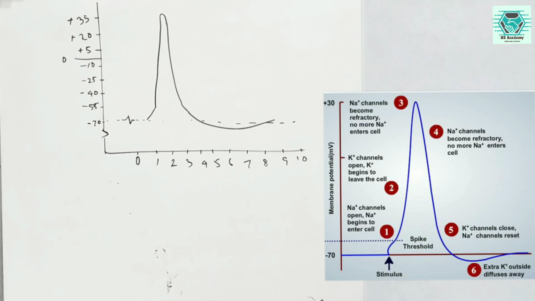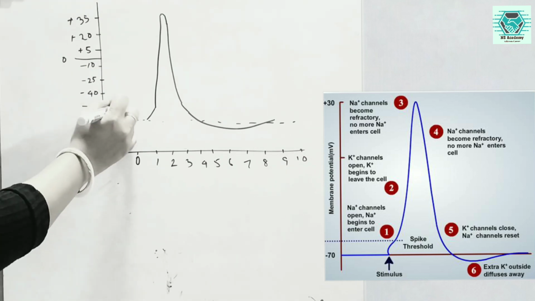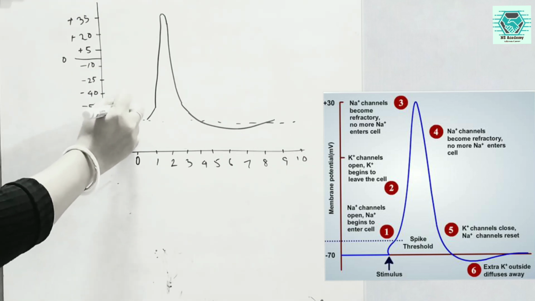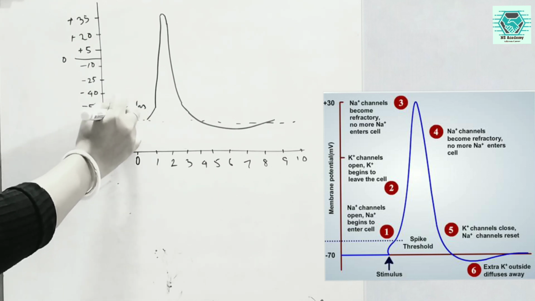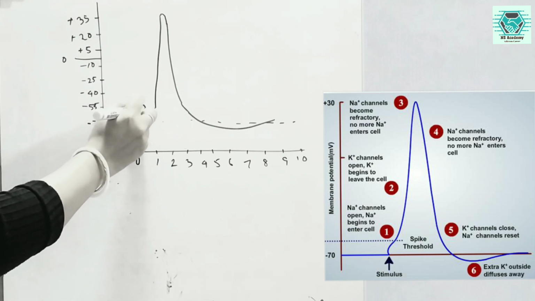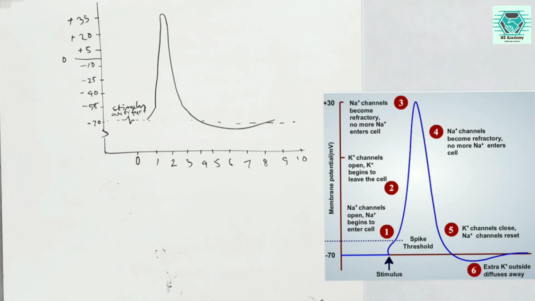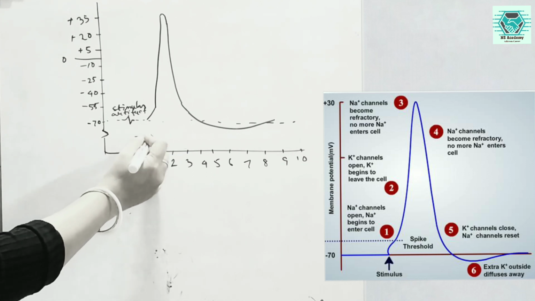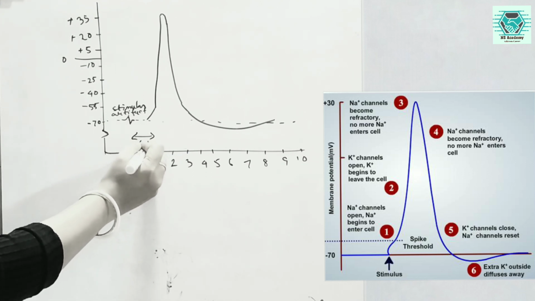So in the diagram you can easily understand the action potential curve of a neuron, and you see this is the stimulus artifact. Okay, and which one is the latent period? Can you tell? So this is the LP.